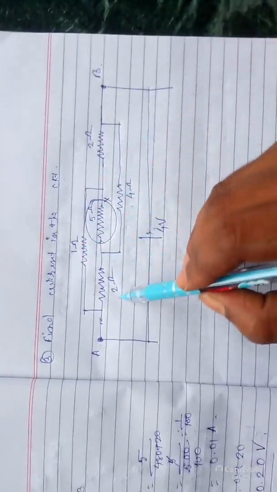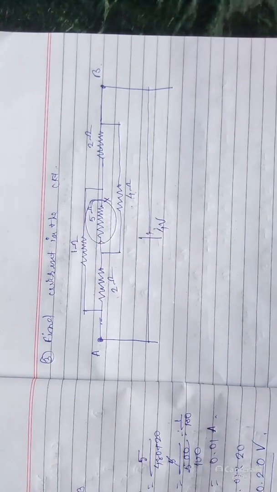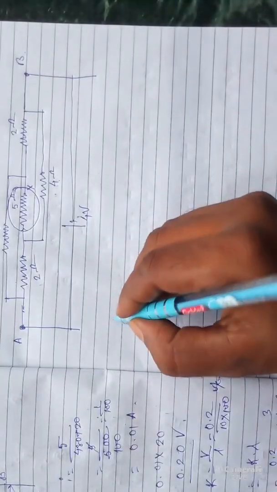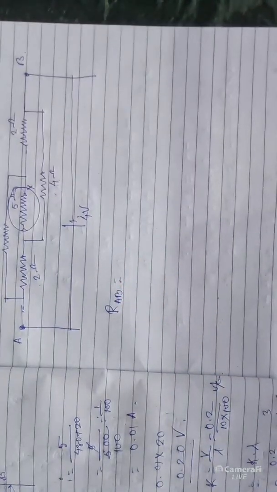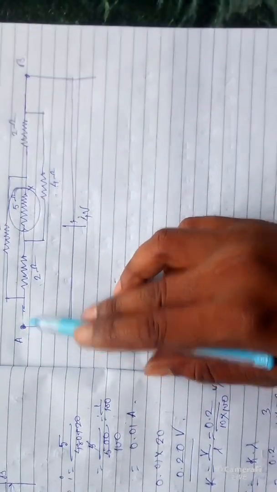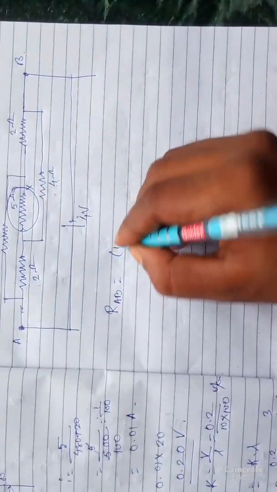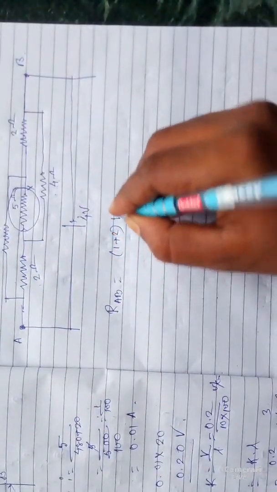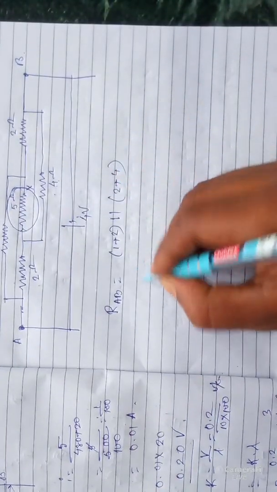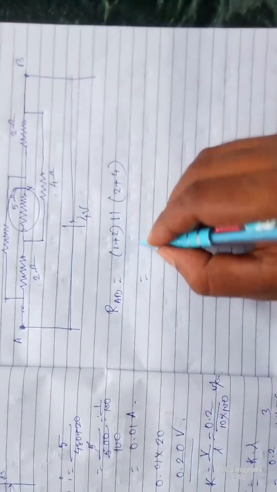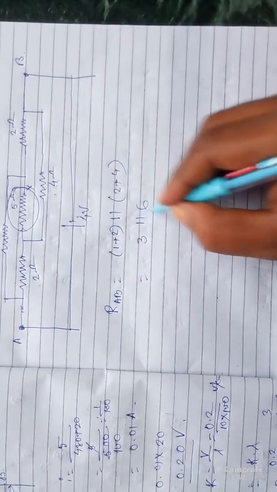1 and 2 are in series, 2 and 4 are in series, and the two branches are in parallel. So I am writing RAB, the equivalent resistance between the points A and B: 1 plus 2, that is parallel to 2 plus 4. That is 3 parallel 6.